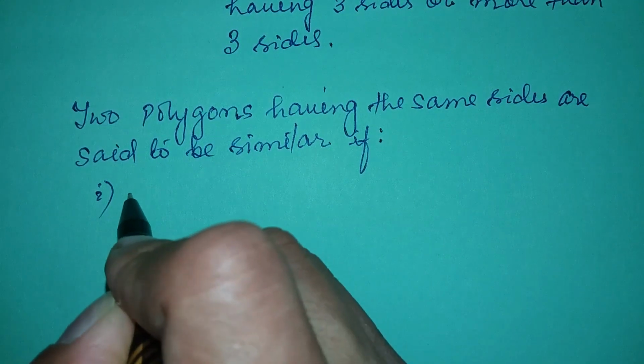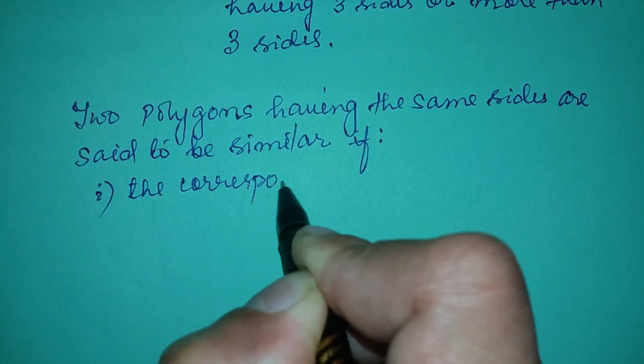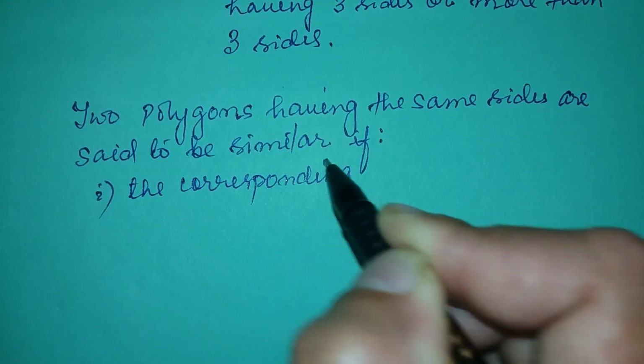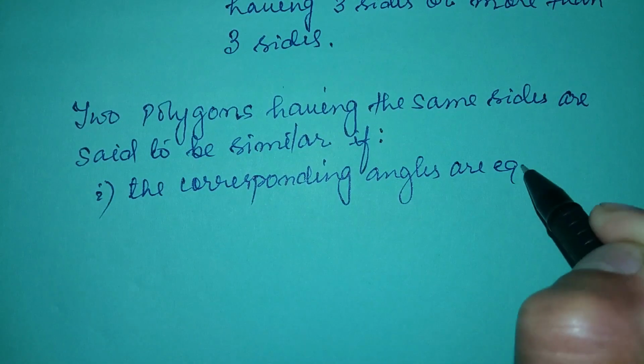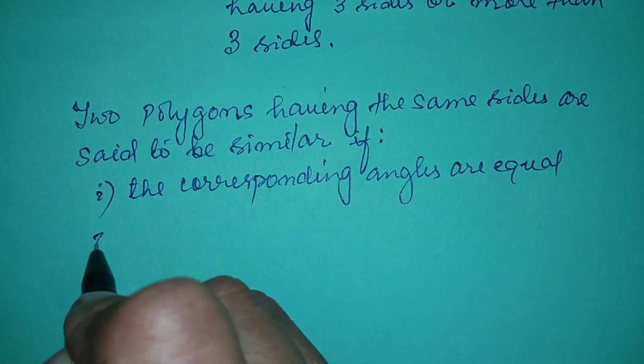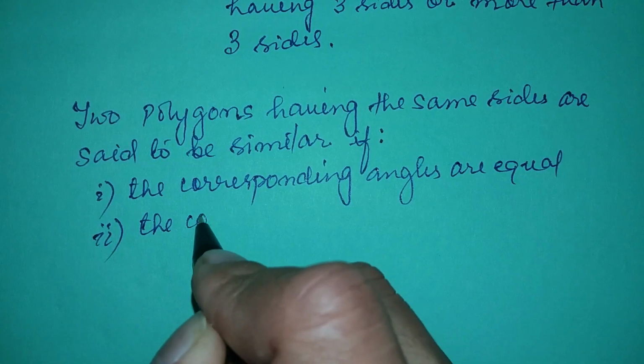The first one is the corresponding angles are equal. And the second condition is the corresponding sides are proportional.